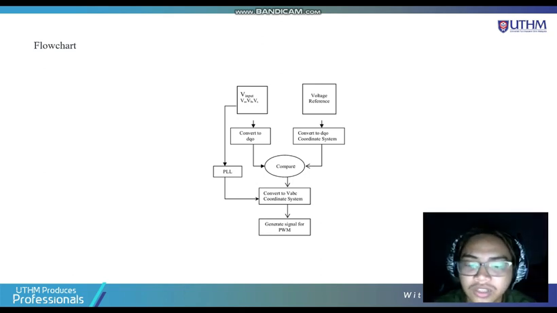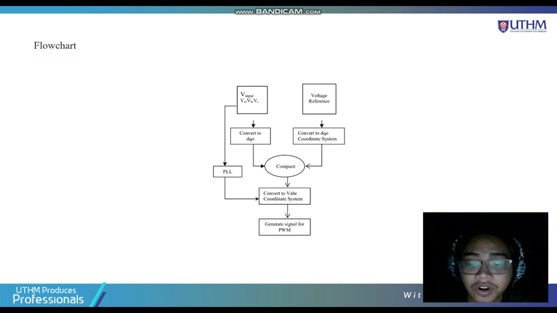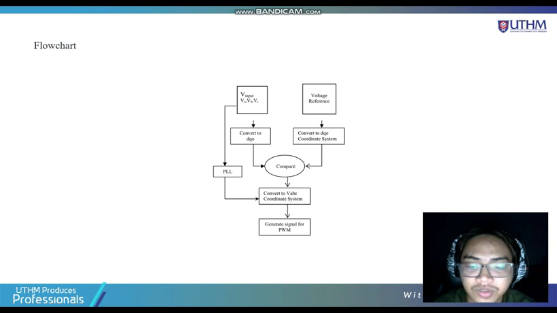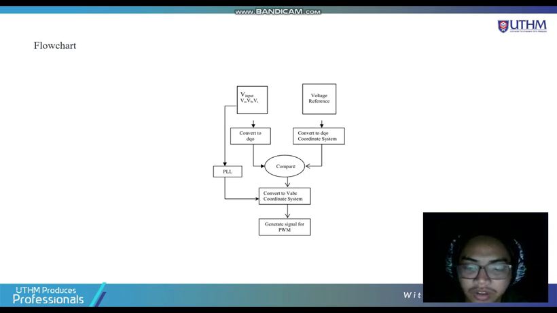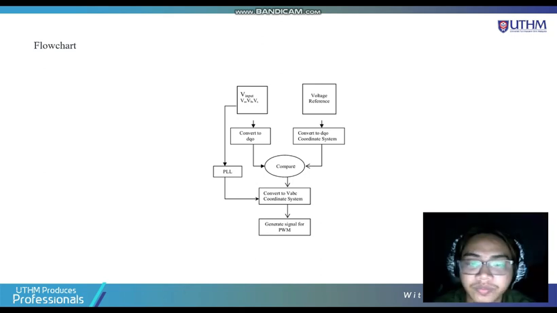These devices are used to protect sensitive loads in industry from being tripped as well as from voltage sag and other system faults. DVR compensates for both voltage sag and swell. The condition is that the grid supply must not completely shut down. So this is the block diagram.